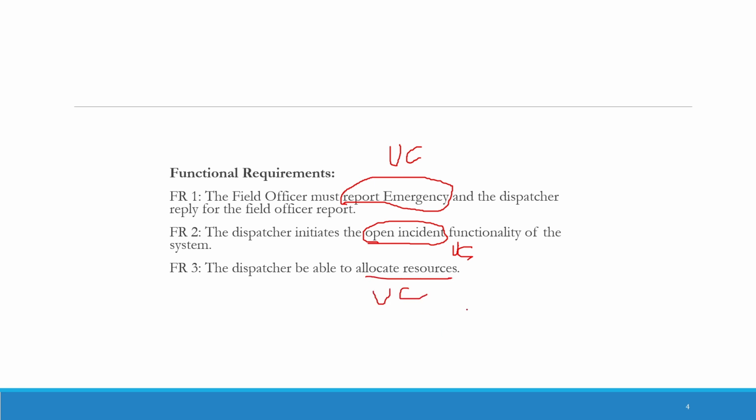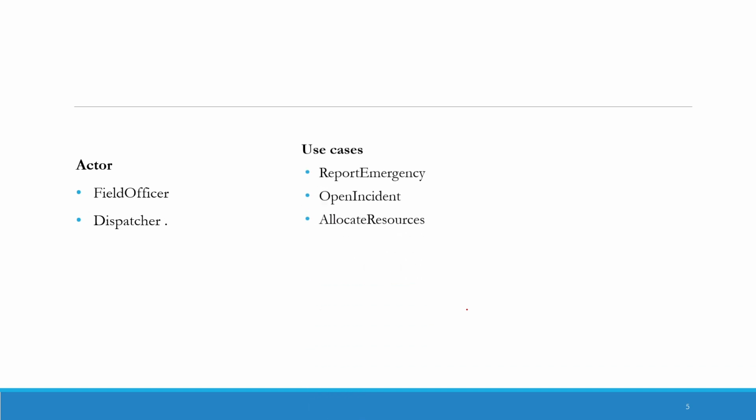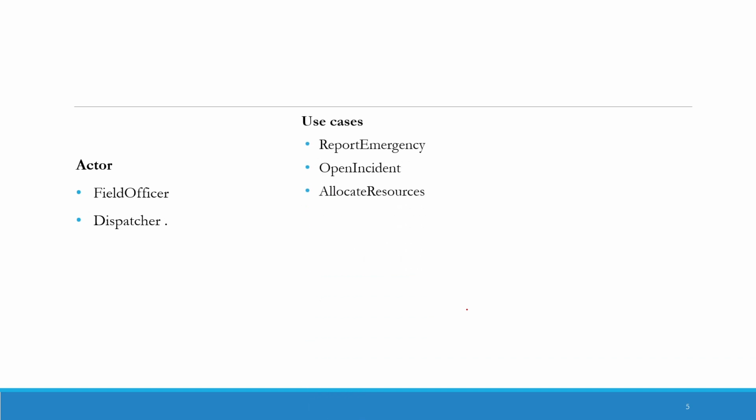As mentioned previously, the field officer and the dispatcher are the actors. The report emergency, open incident, and allocate resource are the use cases, and the system name is FRIEND. So from the scenario, we extract the functional requirements, actors, use cases, and system.